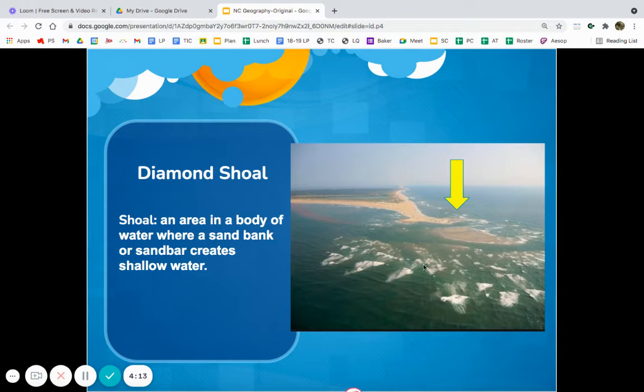So something has caused the sand to bunch up and pile up in this area, probably some current underneath the ocean, along with, as we said earlier, hurricanes and strong winds and strong ocean currents that have pushed it, and it has just piled up here in this area. And so this is called a shoal. Now, this means the water is not as deep here as it is here, or as it is here.